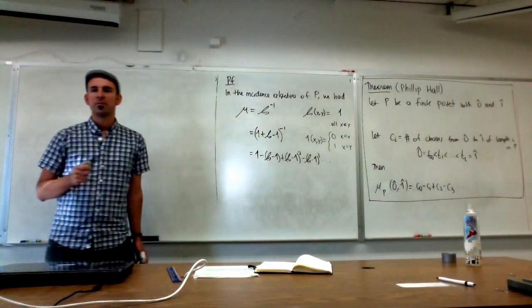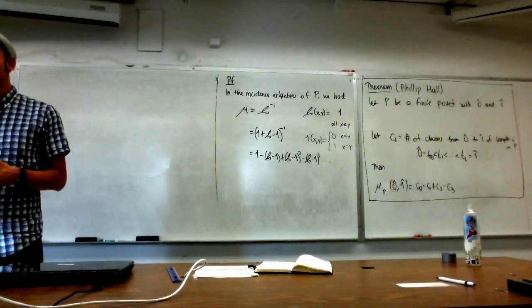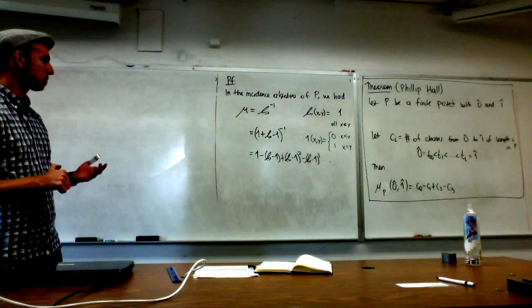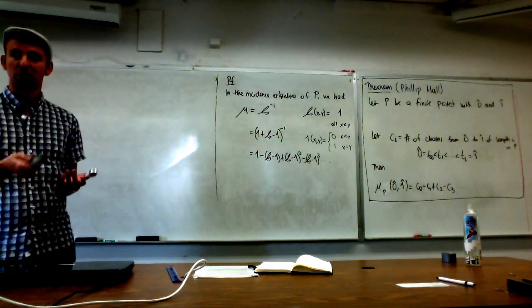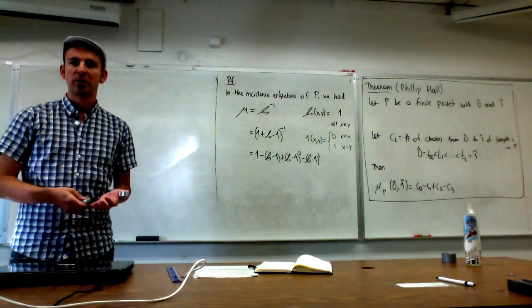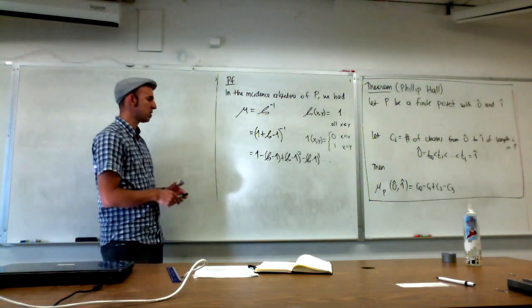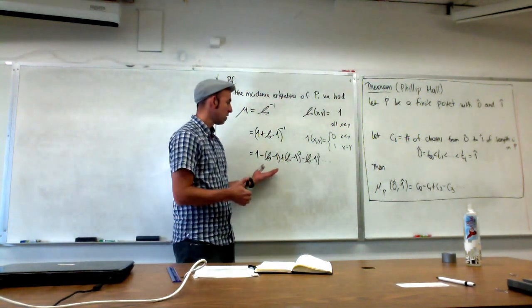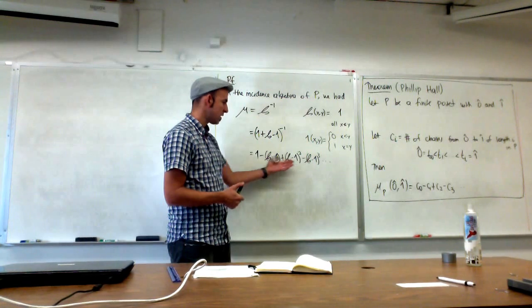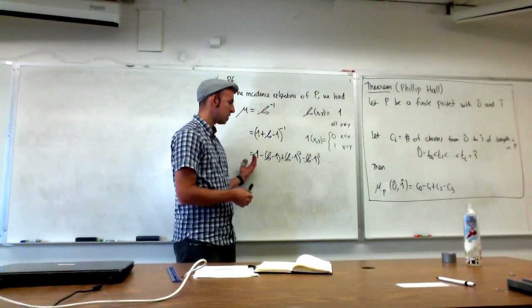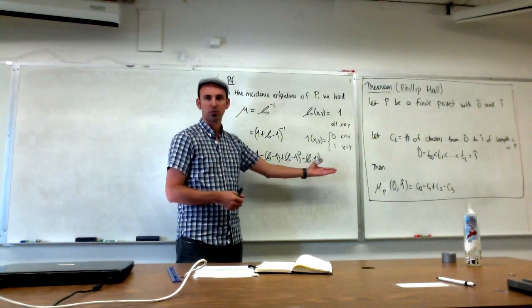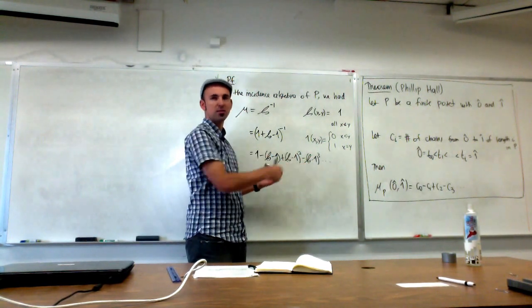Now, you might worry that this could not be justified because it's an infinite sum, but actually when we were discussing incidence algebra, we already ran into this situation, and what we said is that you can check easily that this runs out. So at some point these things start being 0.